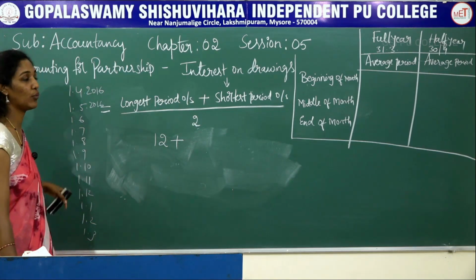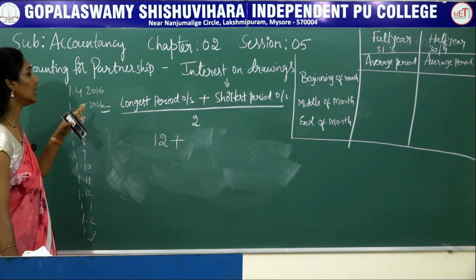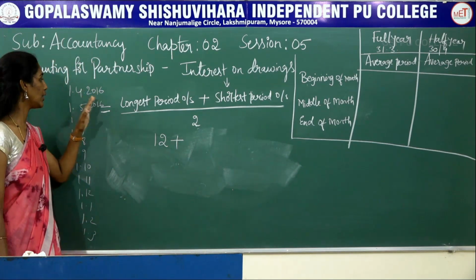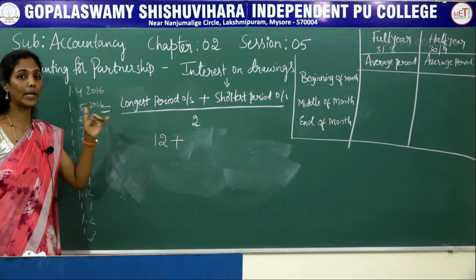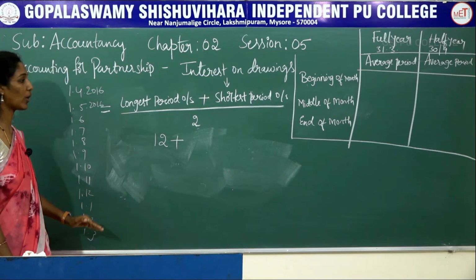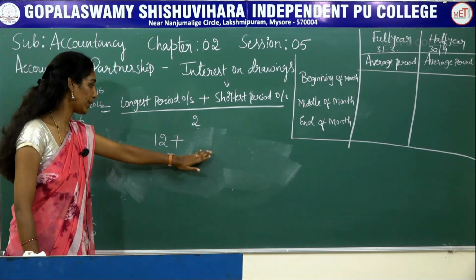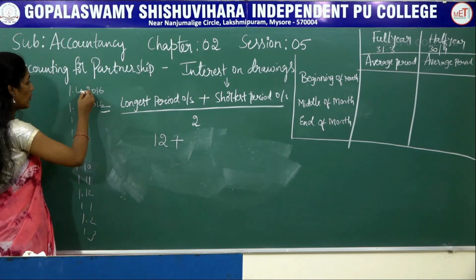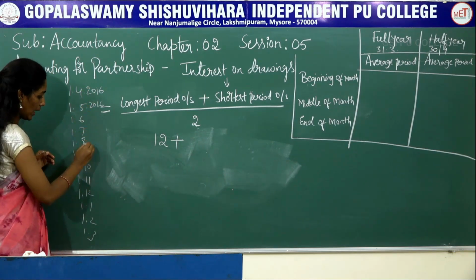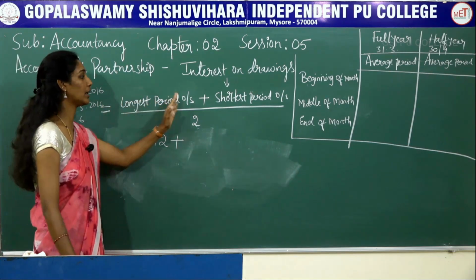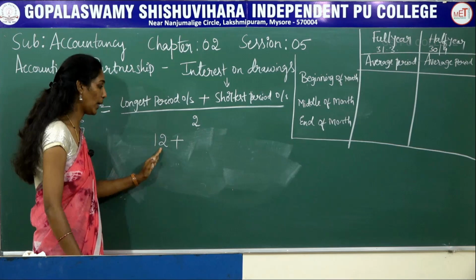So this is the full year. If a partner withdrew on the first day of the first month, then you should include the April month also. Then the number of months remaining for calculating the outstanding period is 12 months. Let's count 1, 2, 3, 4, 5, 6, 7, 8, 9, 10, 11, 12. So the longest period outstanding here is 12.